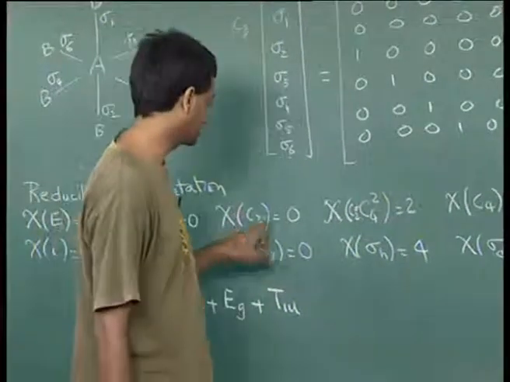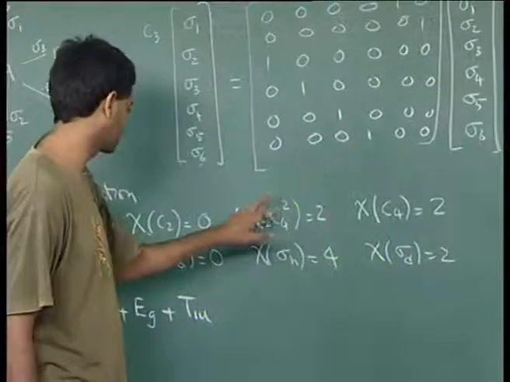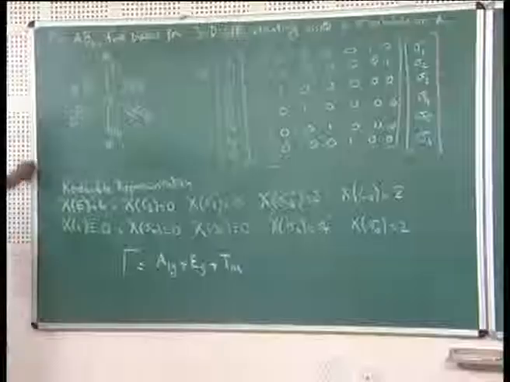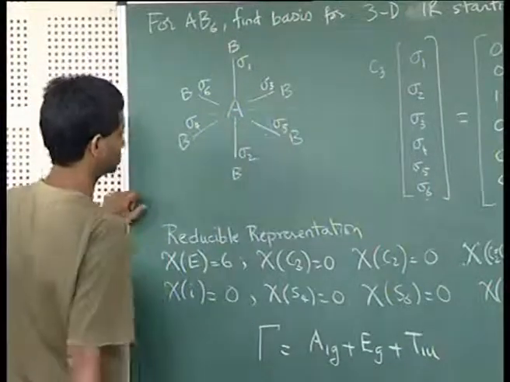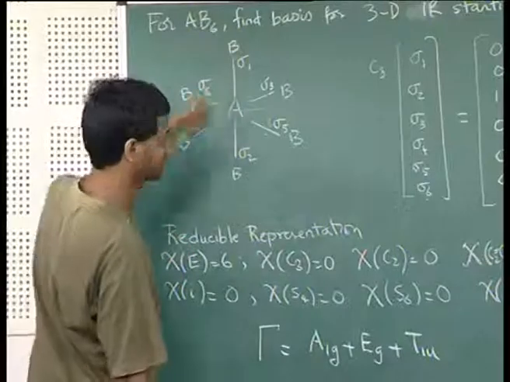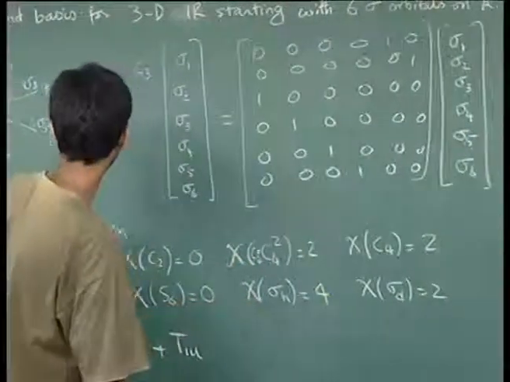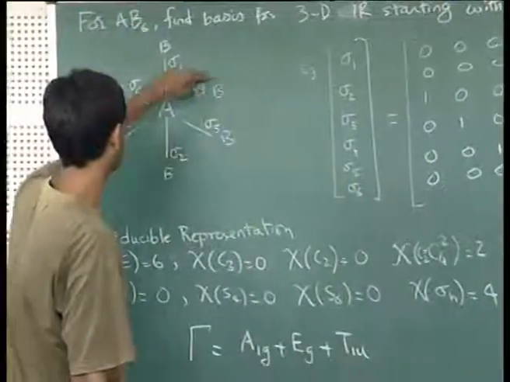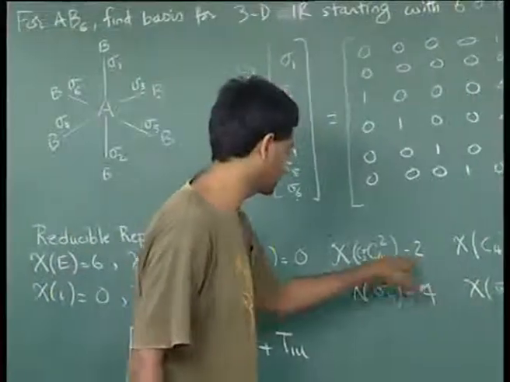Similarly, you can show the character of C2 is 0, and the character of C4 squared. There are two kinds of C2s. There are C2s like this axis, and you will have 6 such C2 axes. In addition, you will have 3 axes, the C4 axis corresponding to each of these, which will also be a C2 axis, and these have characters of 2.